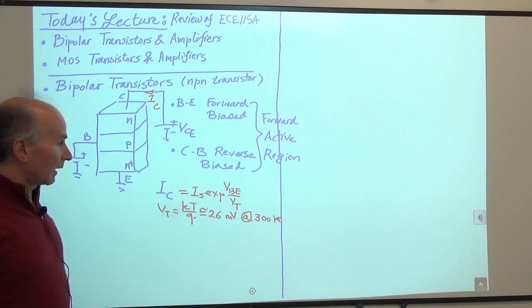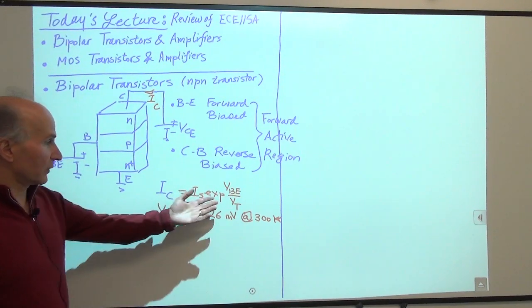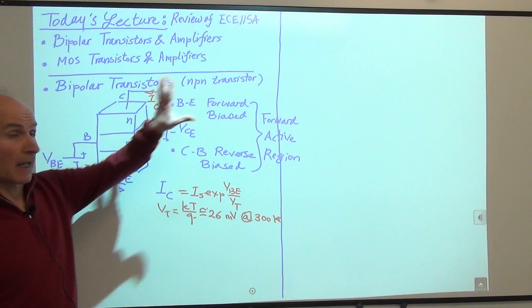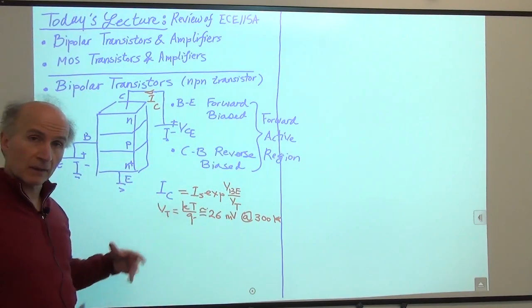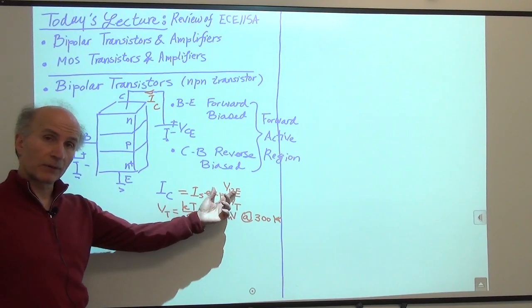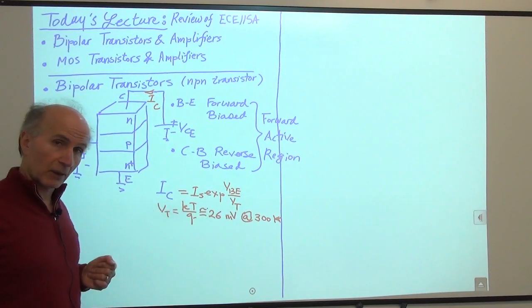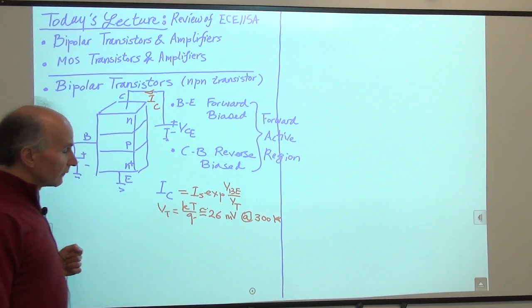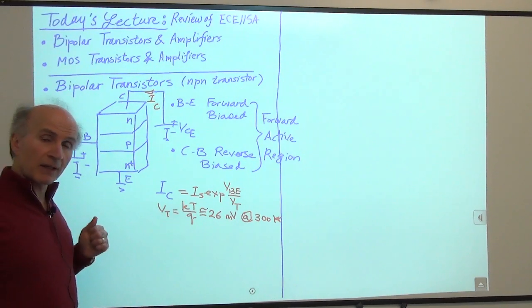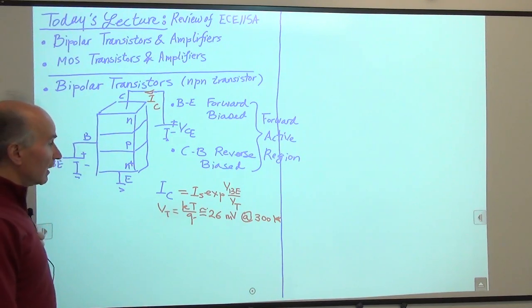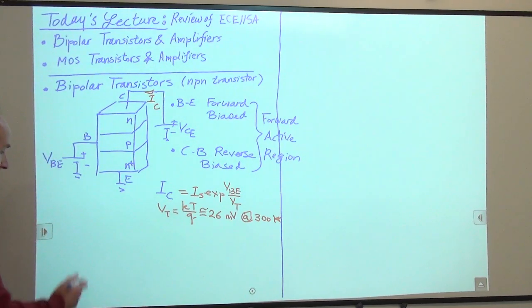Okay? All right, so this says that the collector current is an exponential function of the base emitter voltage as long as these conditions hold. And that's great. It's a very strong device. With a small change in the base emitter voltage, we get a large change in the collector current. All right. But there is one more imperfection that the device has, and that imperfection is what we call the early effect.